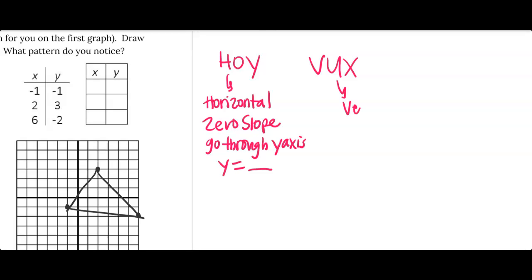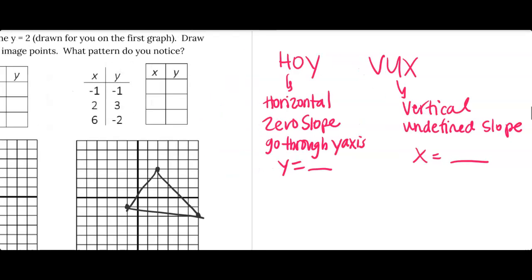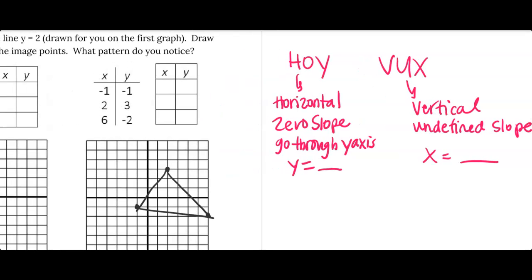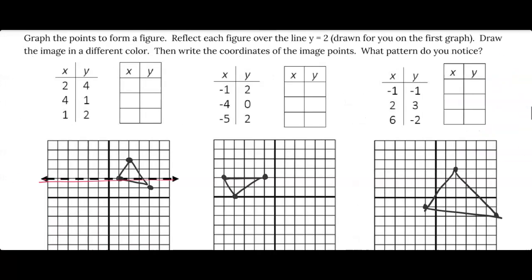And VUX was for vertical lines. They have an undefined slope, and they go through the x-axis, or they have an equation of x equals. So since it's y equals 2, then it's a horizontal line through 2.